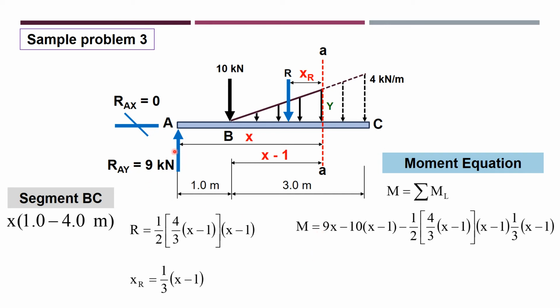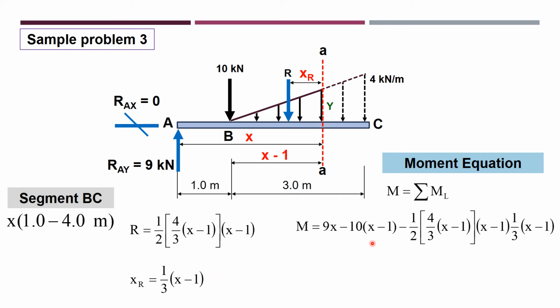So this is our equation. 9x will be clockwise up to here with its moment arm of x. 10 is counterclockwise with its moment arm of x minus 1. And r is counterclockwise with its moment arm of x r, which is this one.